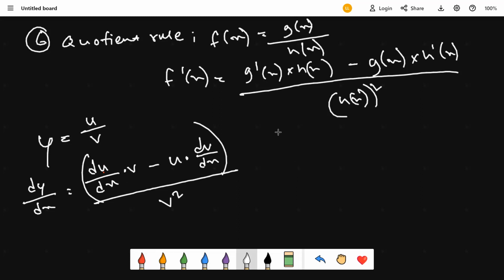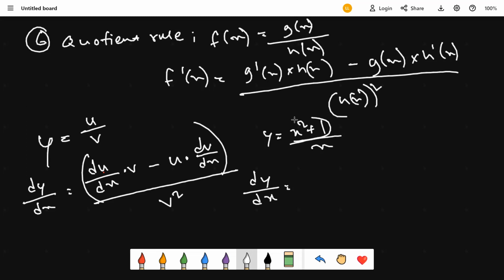Let's say we have y equals (x squared plus 1) over x. Now, how do you solve this? We can use that formula, the quotient rule. So dy by dx is equal to what?